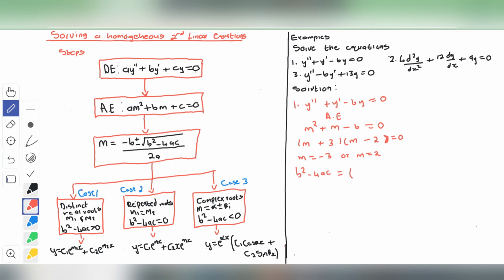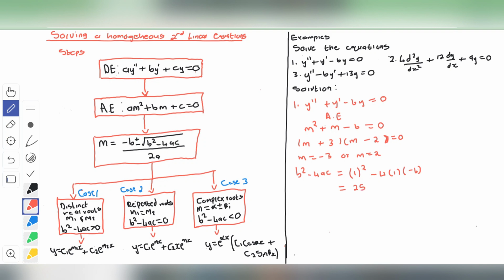For b, we see that it's 1, squared, minus 4 times a, which is 1, times c, which is negative 6, which gives us 25.